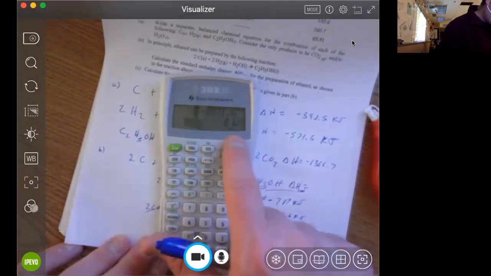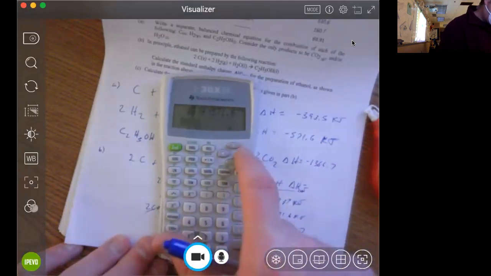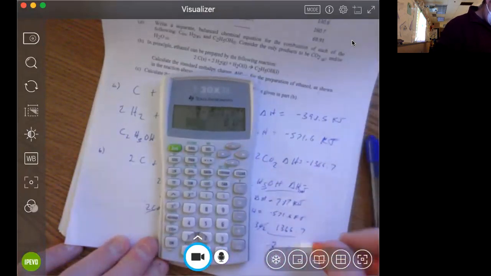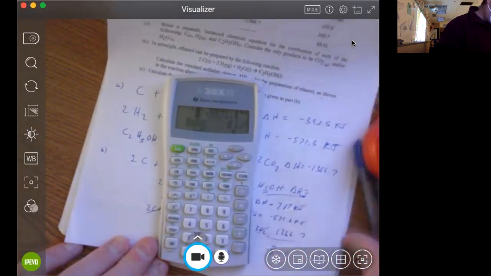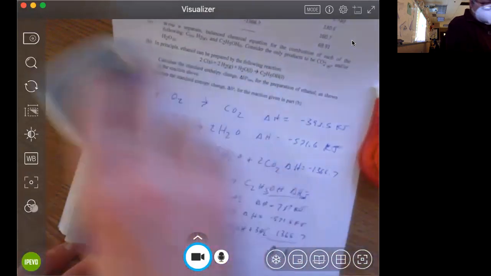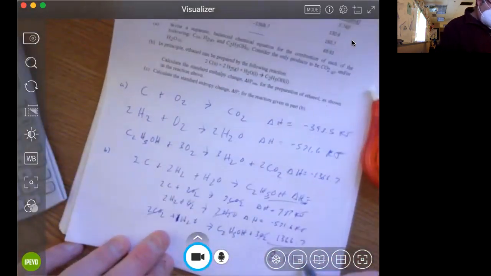Is it 8.1 positive? Yeah. All right, cool. Probably better just to use a calculator than to do anything in my head this early. 8.1 kilojoules.